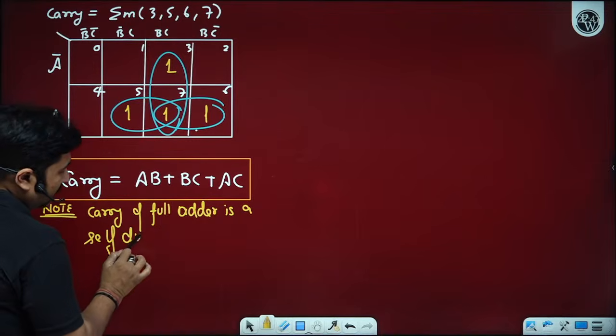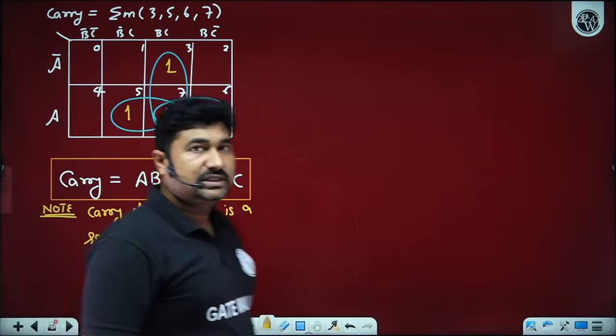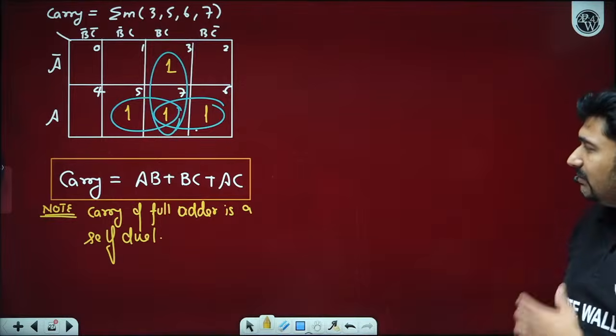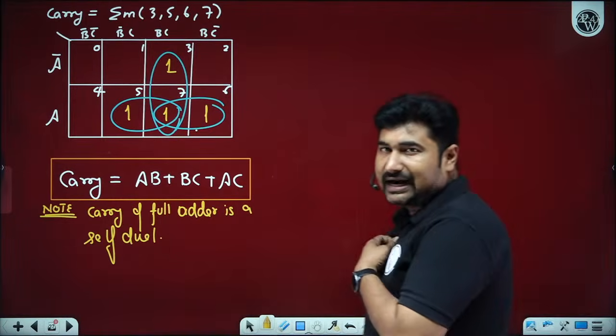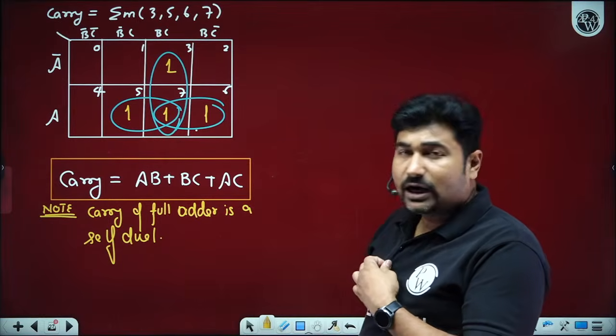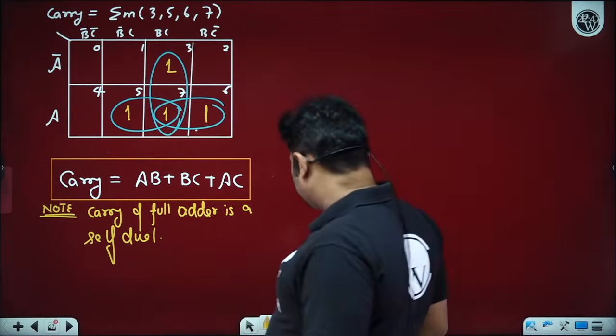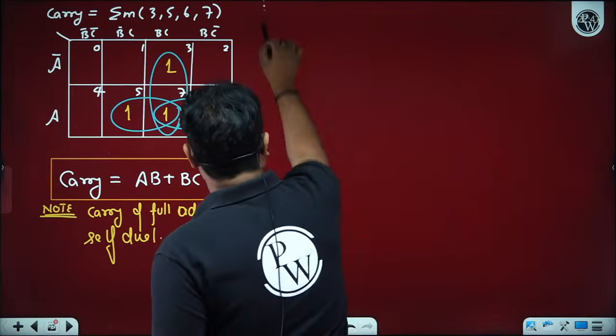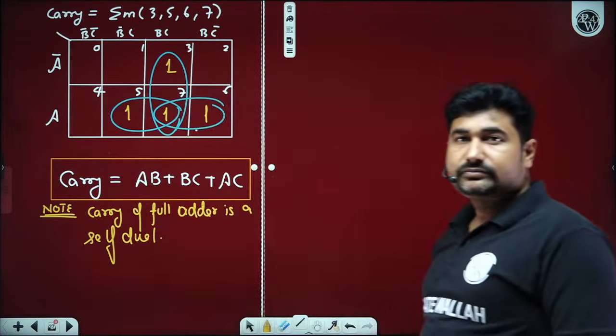We'll discuss dual and self-dual functions and how to check them in upcoming lectures. But right now, just write down and remember that the carry output of a full adder is a self-dual function.